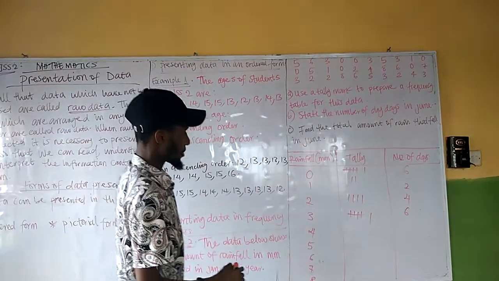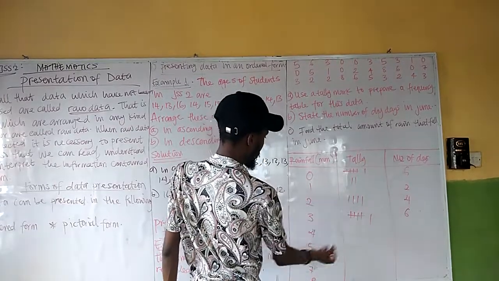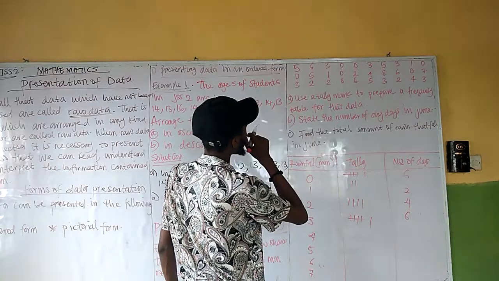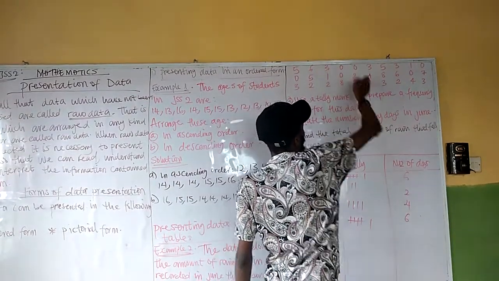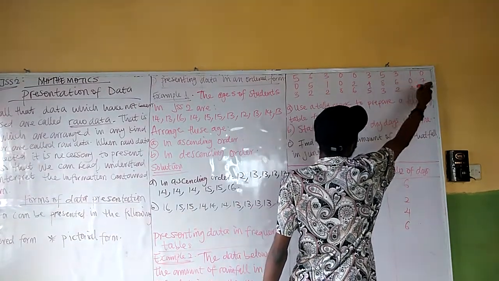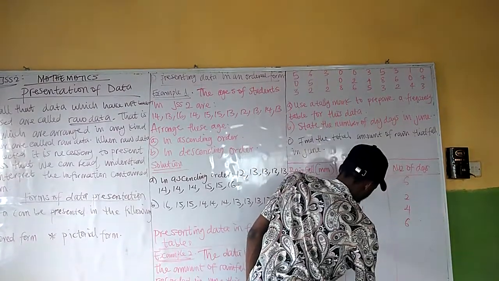Is that it? Then what is the frequency of 4 there, or the number of days that rain fell? Let's count. 1, 2. So the frequency of 4 there is 2.